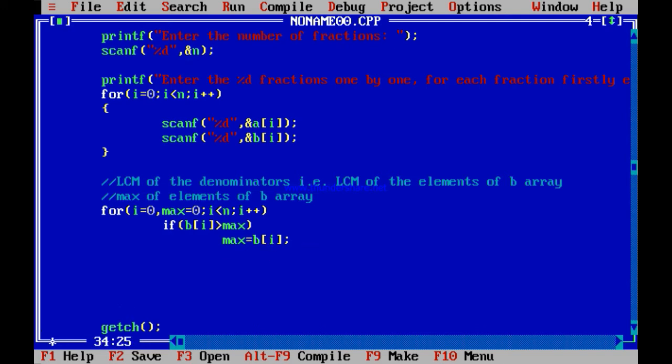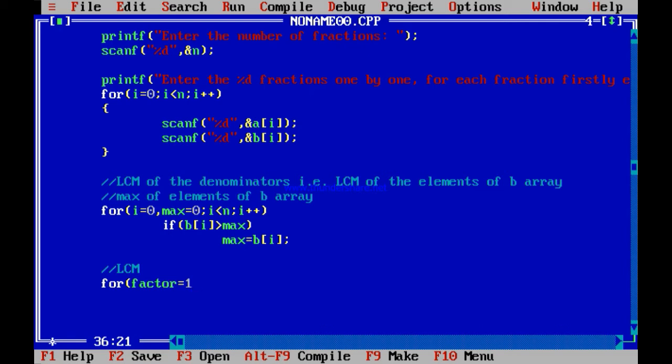Now the LCM. So the next for loop calculates the LCM. How to calculate LCM? I will go by factors.